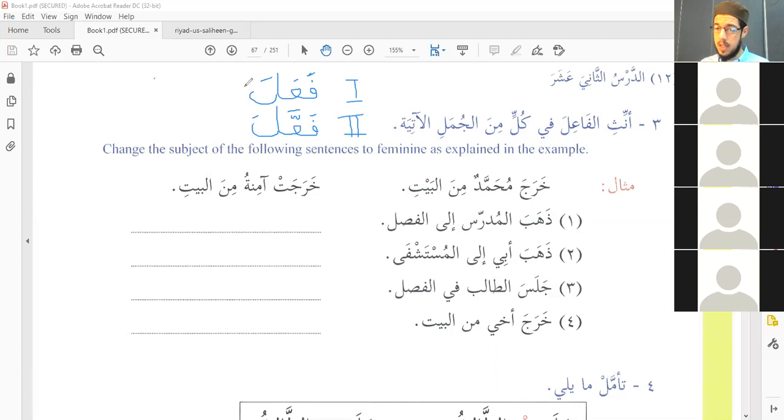If we want to make a command from form 1 verbs, it's a little bit more complicated. We have to go to the present tense. So let's say yaf'alu, and we haven't learned this yet, so don't panic. We will learn this in due time.